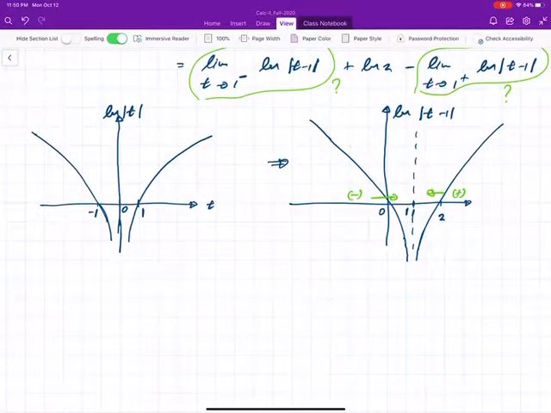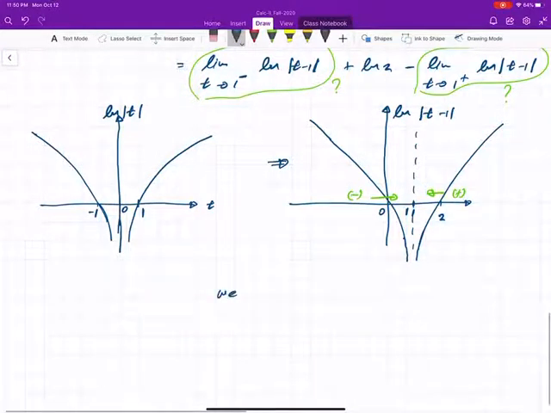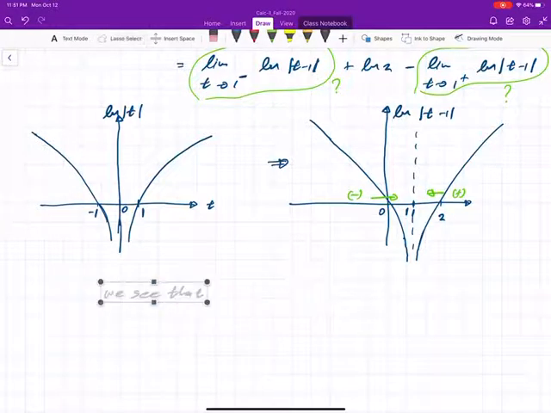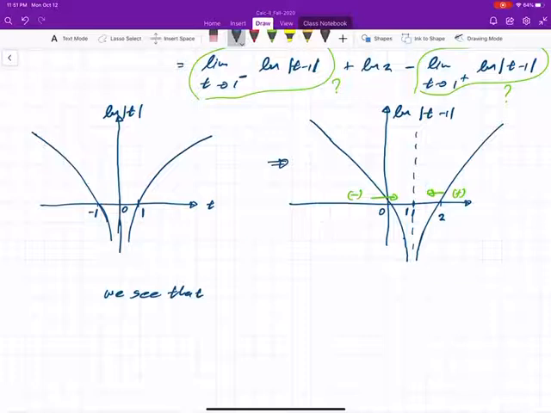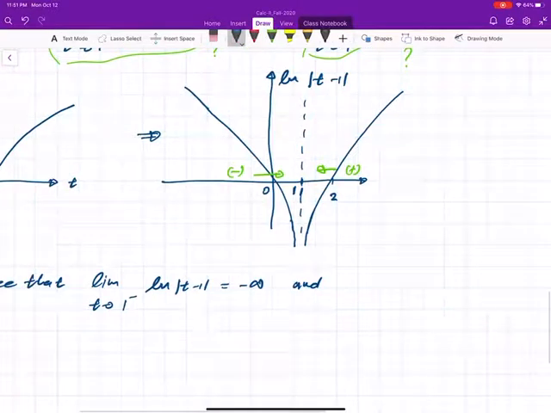We see that the limit as t goes to 1 from the negative direction of ln absolute t minus 1 goes to negative infinity, and not only that, the other integral is also going to infinity.